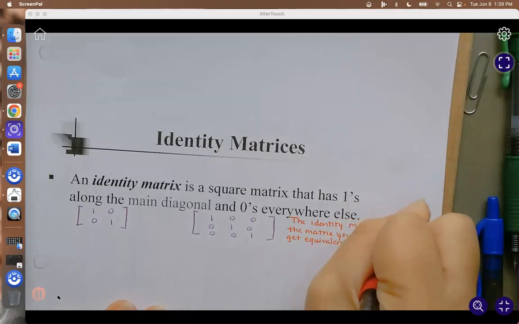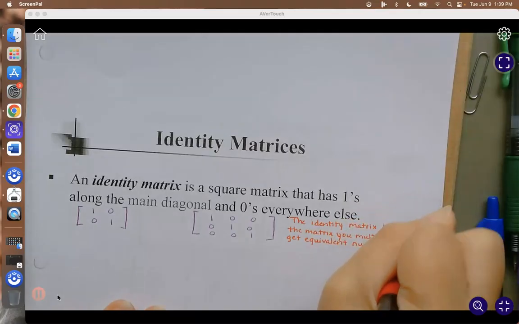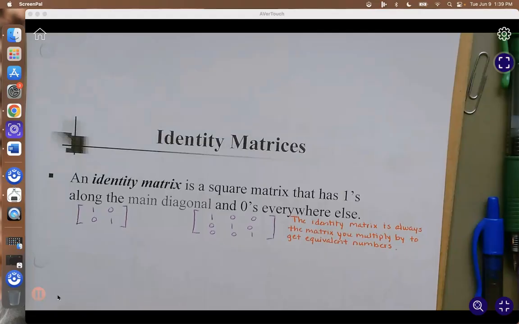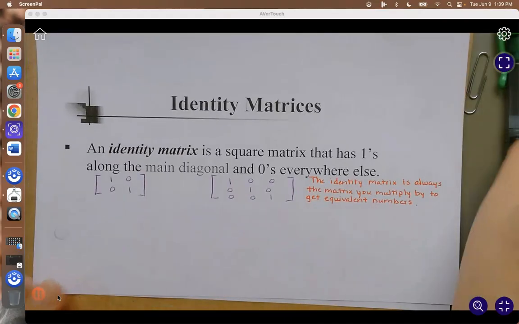So it's like multiplying by 1. Whatever matrix you start with, when you multiply it by the identity matrix, you're going to get the original matrix. So let me do an example of this for you.